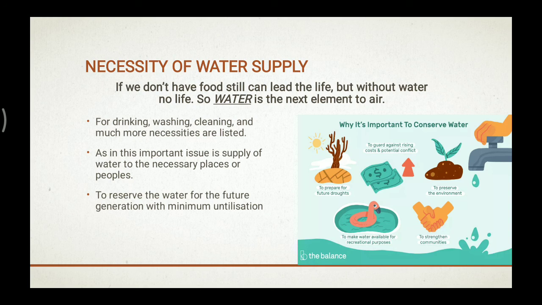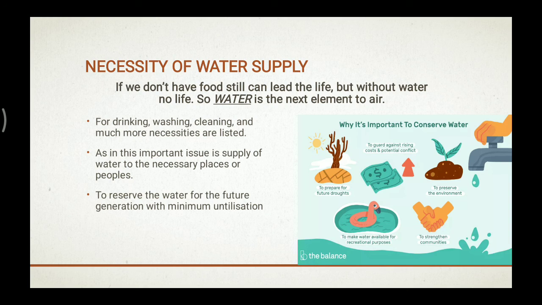Similarly, to preserve the environment, you can understand this because nowadays the climatic conditions and the monsoon that is coming or has passed are not normal. Similarly, to make water available for recreational purposes.